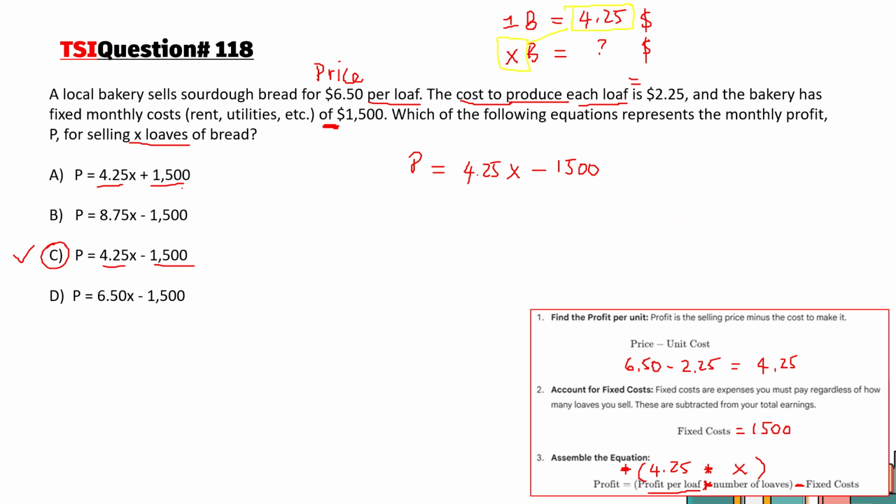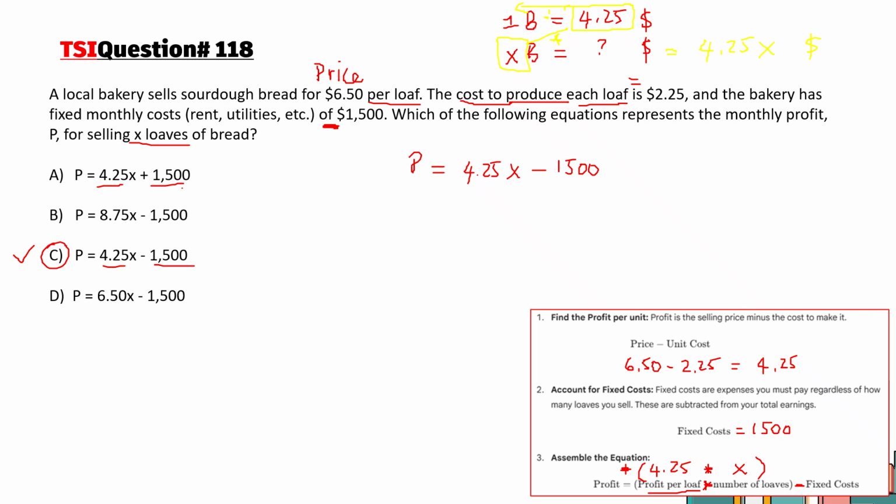So cross multiply, divide by 1. So the question mark right here will be 4.25 times x. Okay, and then divide by 1. So this is the total amount you will earn before paying the rent, or the fixed cost.